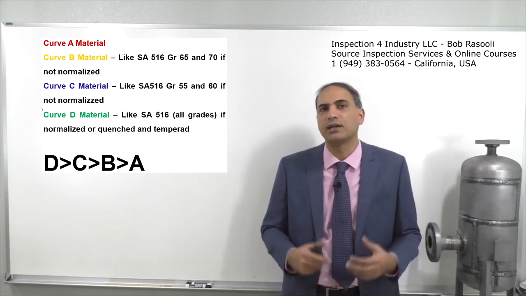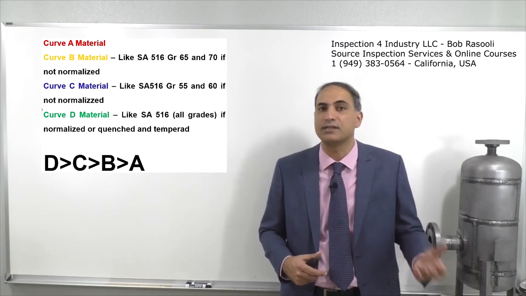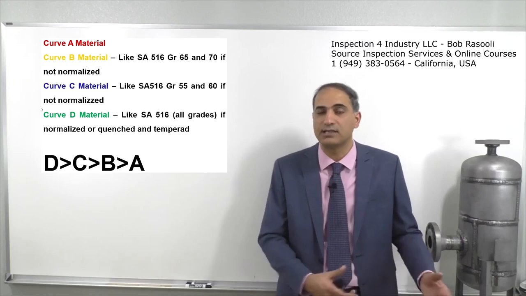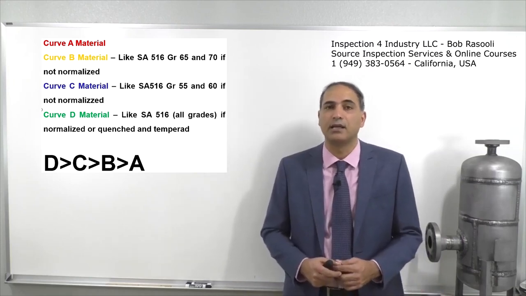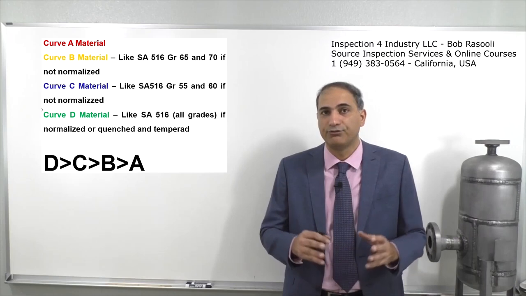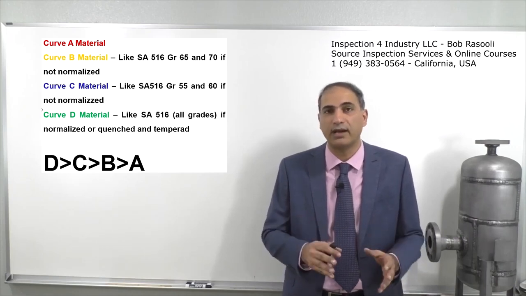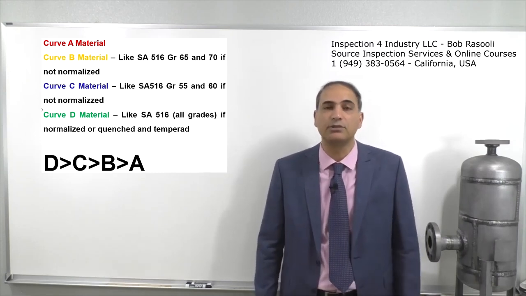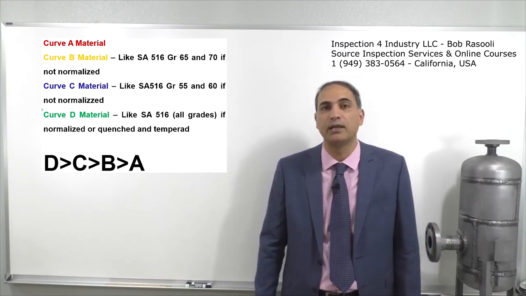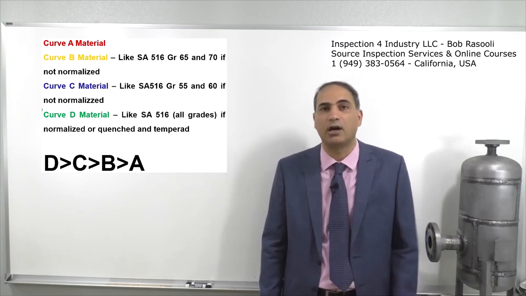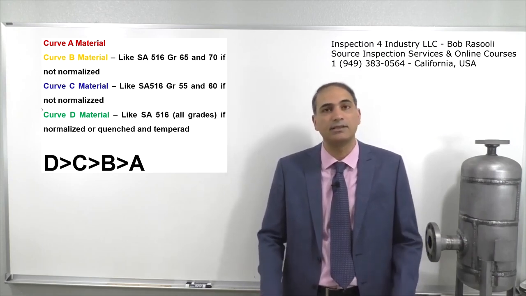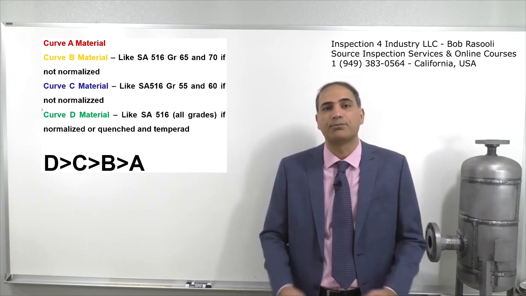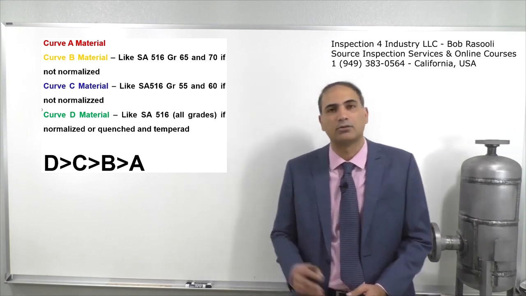They come with the curves: curve D, curve C, curve B, curve A. You consider those curves as the groups or baskets that I explained. So we have 4 groups or 4 curves that we're going to assess, based on those curves, to see if we are subjected to the impact testing or exempted from it. Any material in carbon steel and low alloy steel in the UCS section is assigned to one of these curves.